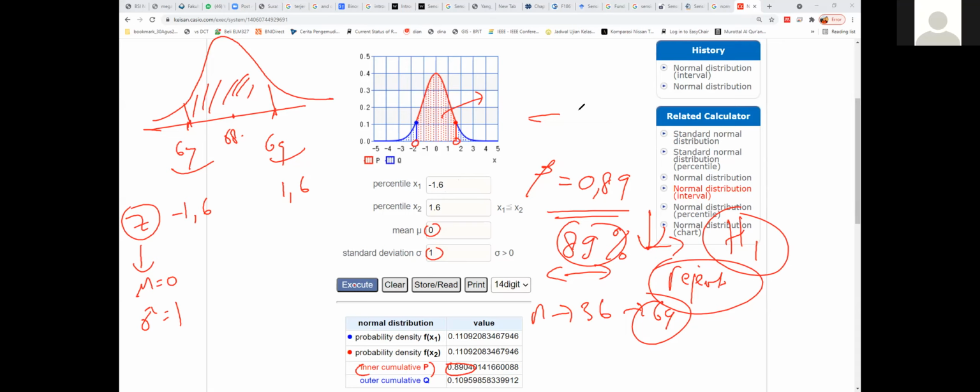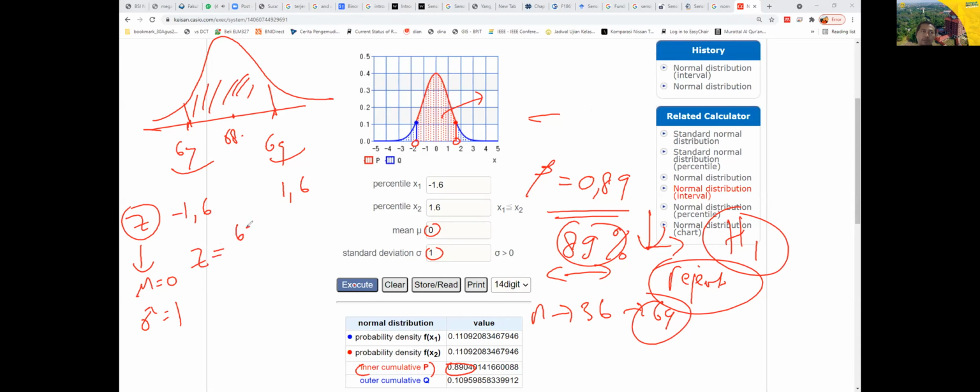Yang 64, Zak. Tadi kita nyari yang 64. Wait, sir. Ya, saya sambil kamu cari ya, saya juga sambil cari.